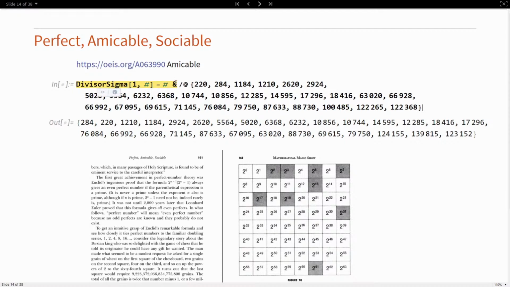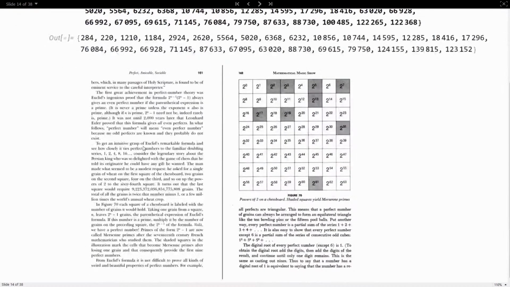If I did this set here again on these numbers, we would get back this original set. So, for example, 1184 and 1210 are amicable numbers. If you get a chain of numbers, they're called sociable numbers. And here's his column where he talks about these.